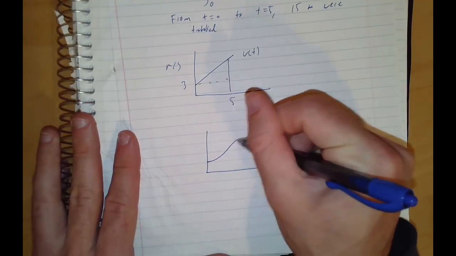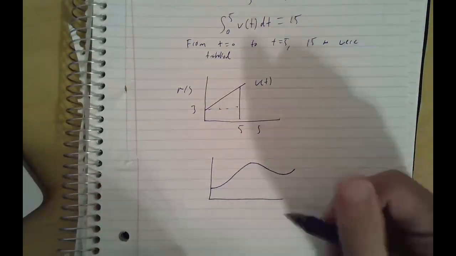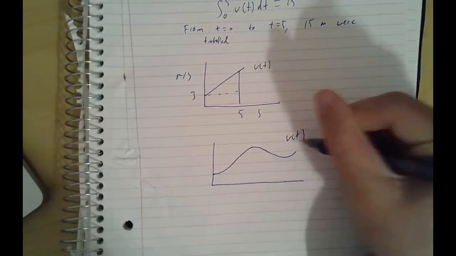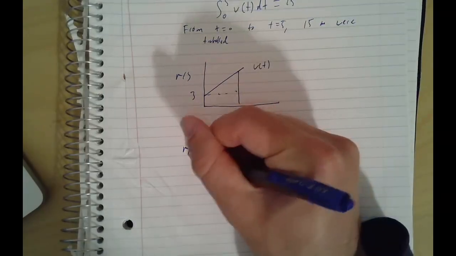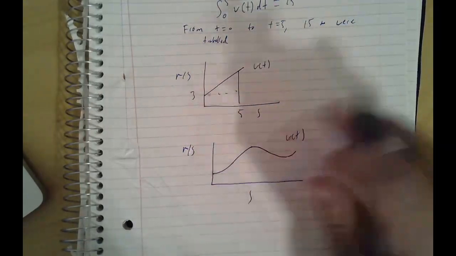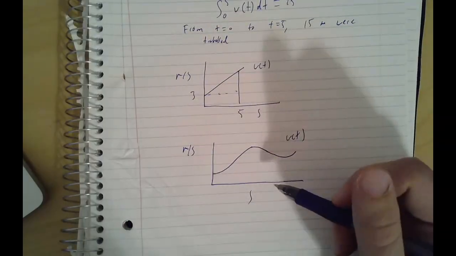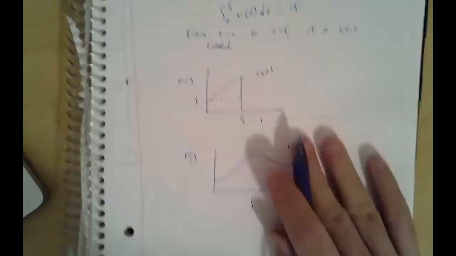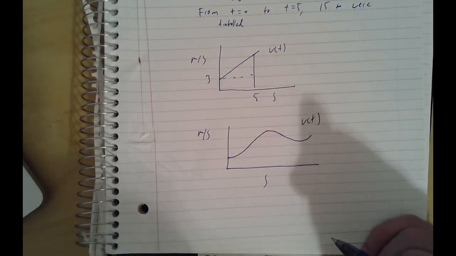What if it's a shape like this? We can't separate this into triangles and rectangles like we could previously, where it's very nice and clear. What do we do in this case?